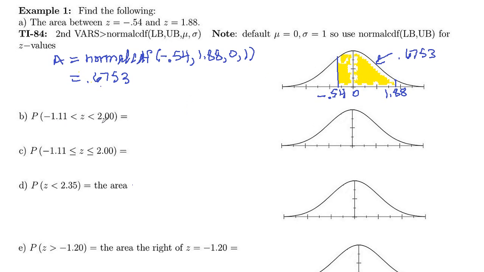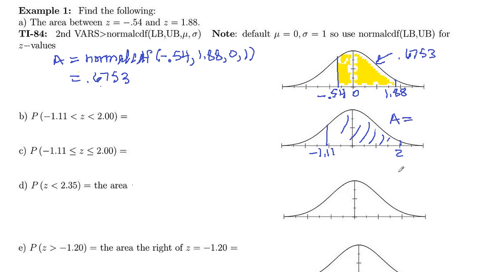Okay, so try this one. Pause the video for just a second and then enter that into your calculator, see what you get for a lower cutoff of negative 1.11, upper cutoff of positive 2. So that's going to be right here, negative 1.11 up to positive 2 right there. So it's this area in here that we want.